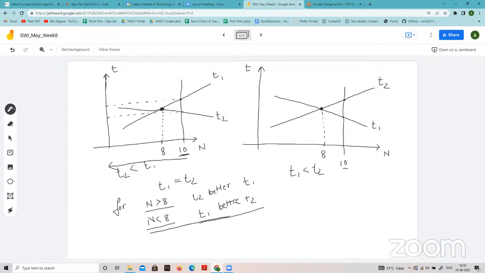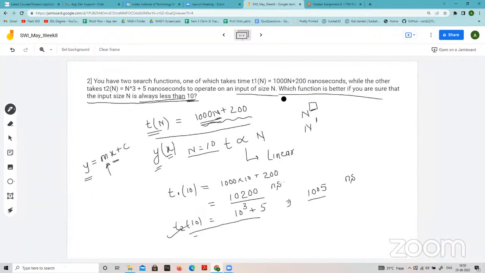I've just turned this mathematical statement into a statement in words. T1 is better than T2, but it is subjective. It depends on the actual range, so here I've given the range. For n less than 8, T1 is better than T2. Which is pretty much similar to this: which function is better if you are sure that the input size n is always less than 10?